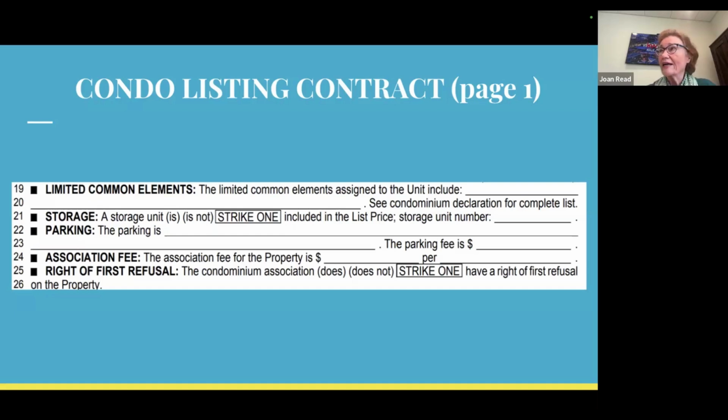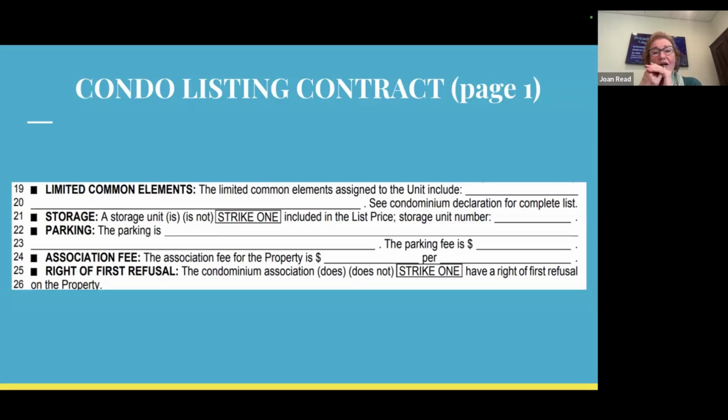Outside of the walls of the condo are what's called common elements, limited common elements. And so they want you to make sure that you list what those are. And that can be a pool, it can be tennis courts, it can be storage facility. Oh, that's already in there. But any limited common elements in this condo.